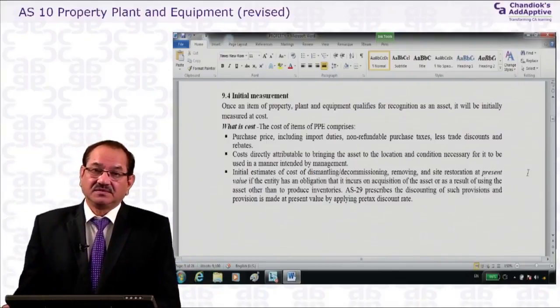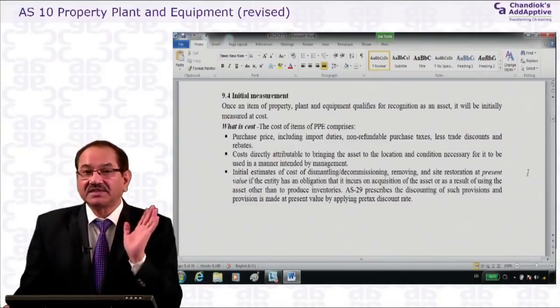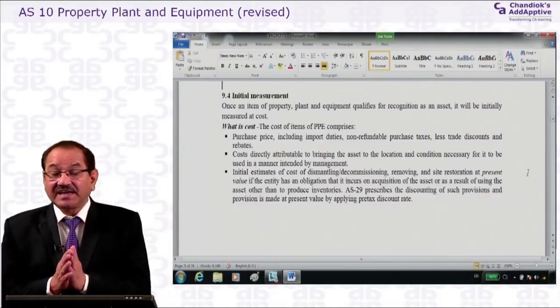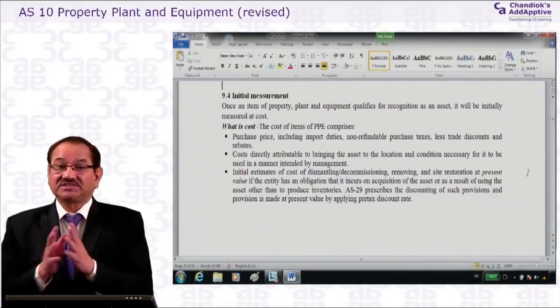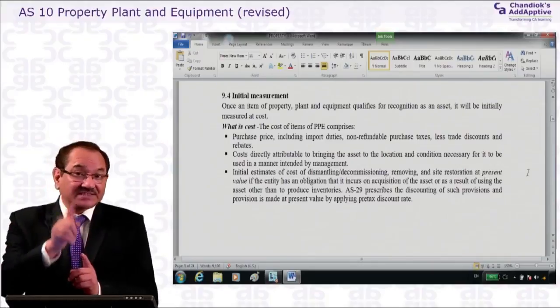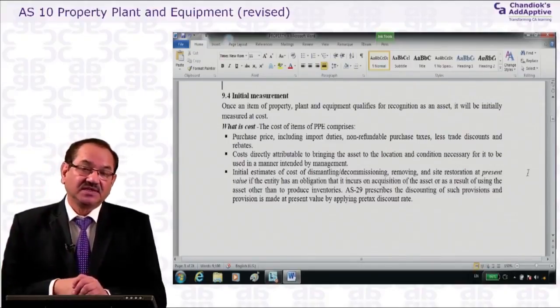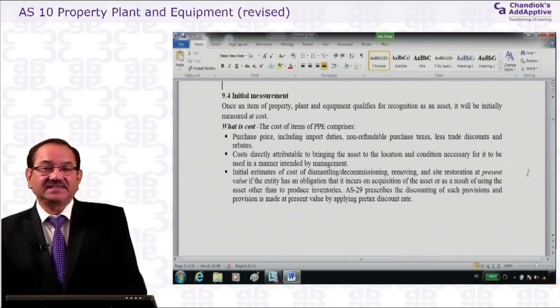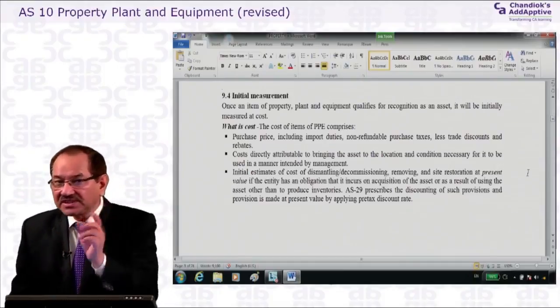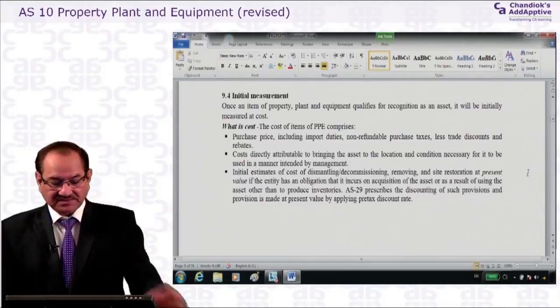Its fair value is 50 lakhs but you write it at 30 lakhs because the measurement criterion for the initial recognition, I am not talking about the subsequent, we will be discussing that at a later stage, is that it will be measured at cost, and the cost which you have incurred is only 30 lakhs. So it will be measured at 30 lakhs.